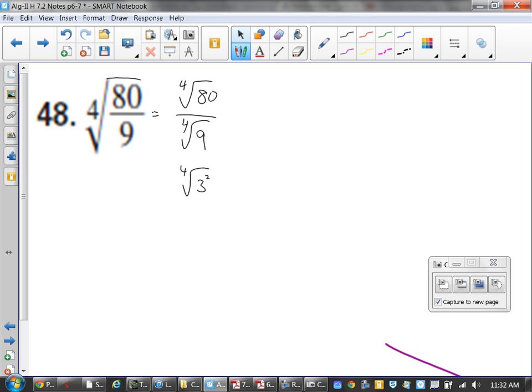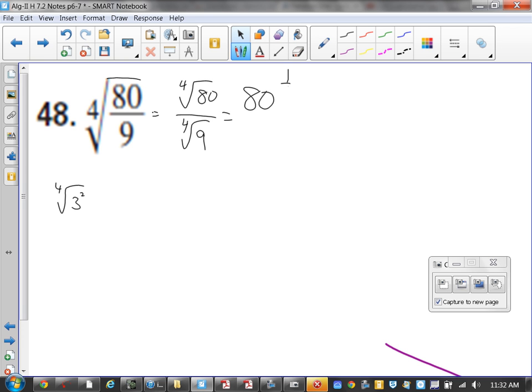Oh, I get it. Now, I don't know if this is going to help us, because then we'd have to figure out how to simplify the 80. So let's put this on the back burner for right now, just in case we need it. So this is the same thing as saying 80 to the 4th, 9 to the 4th.